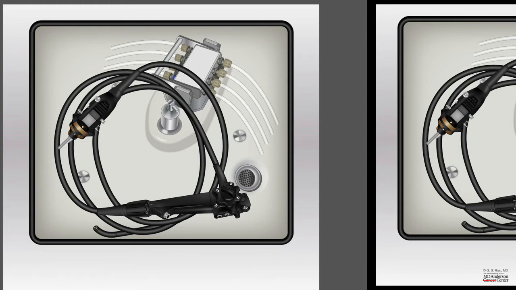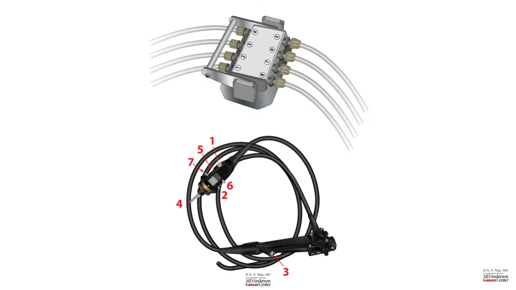And it's important to make sure the connections from the AER, that is the high-level disinfection unit, to the endoscope, those adapters, one should make sure you use the proper adapter for a particular scope. You cannot mix and match.